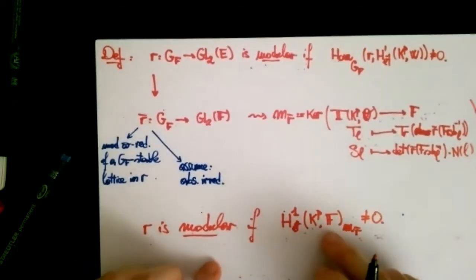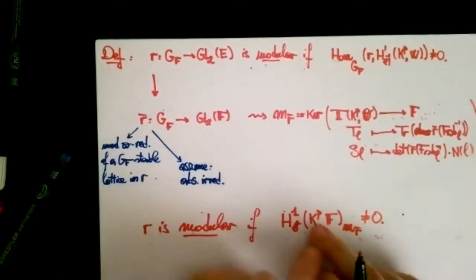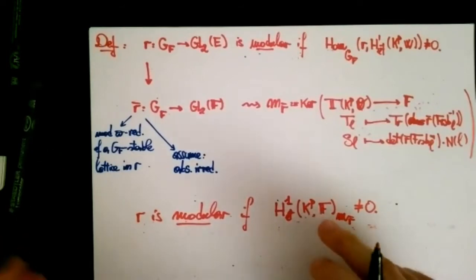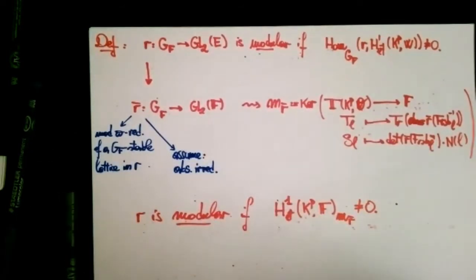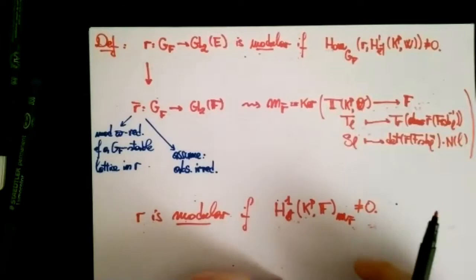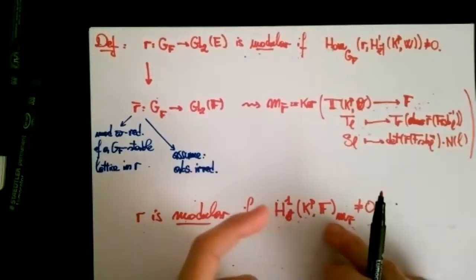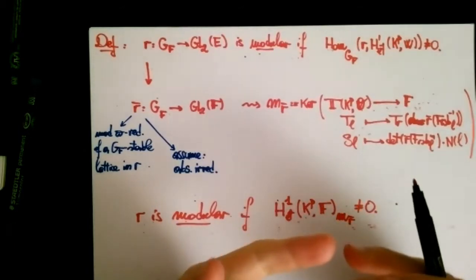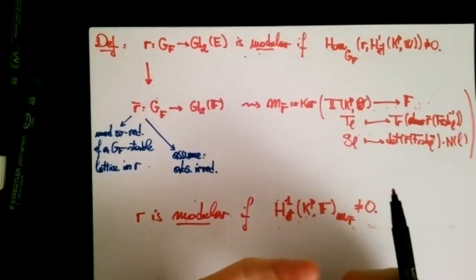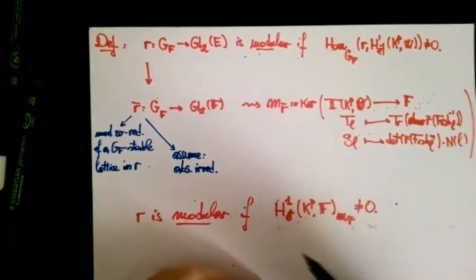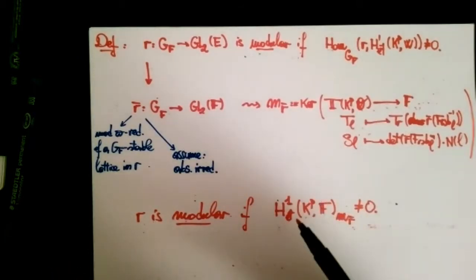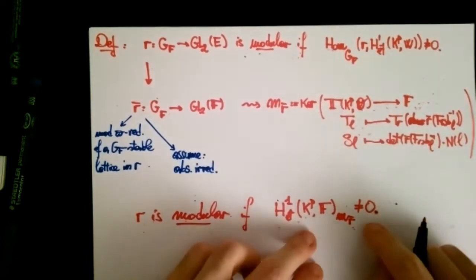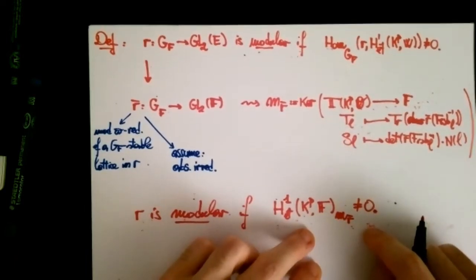All right, then we can, of course, try to define modularity with respect to a level and with respect to a Serre weight. And the very important thing is that if a certain Serre weight appears in the mod P reduction of a Weil module, well, it's not at all clear, in general it's false, that R is modular for all the Jordan-Hölder constituents of this Weil module. So this is the problem of the shadow weights.